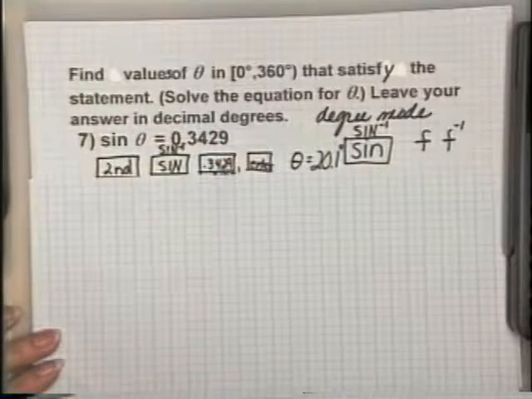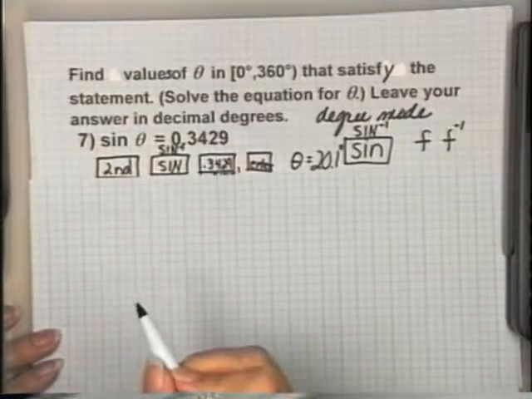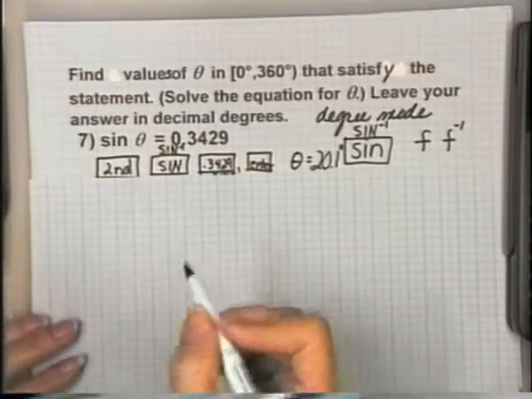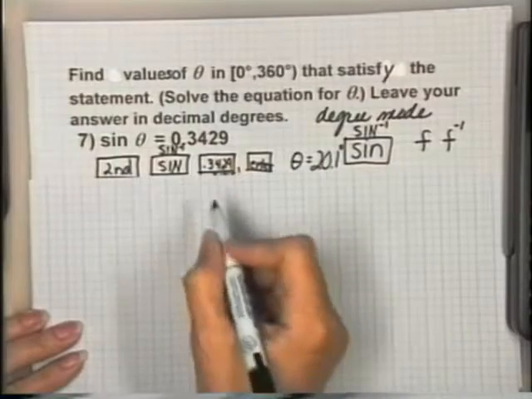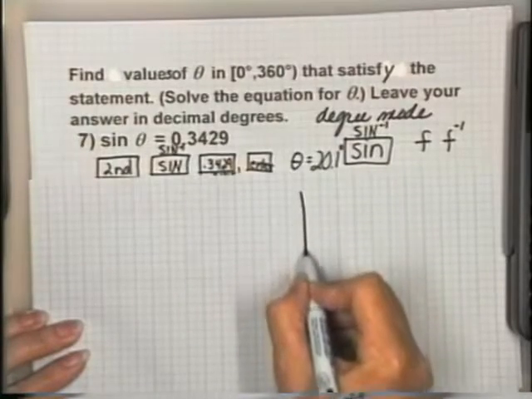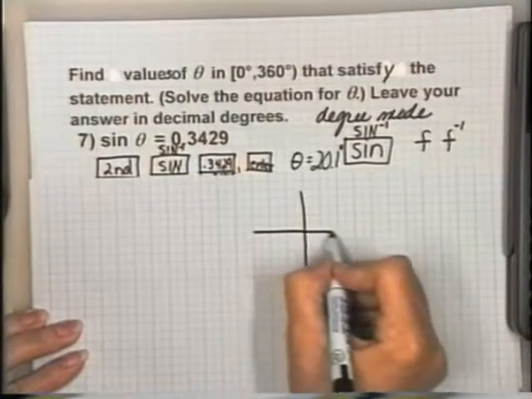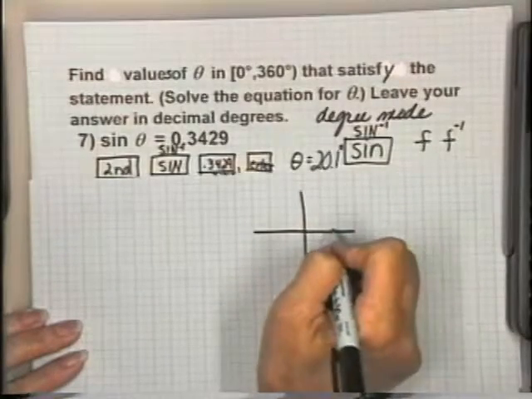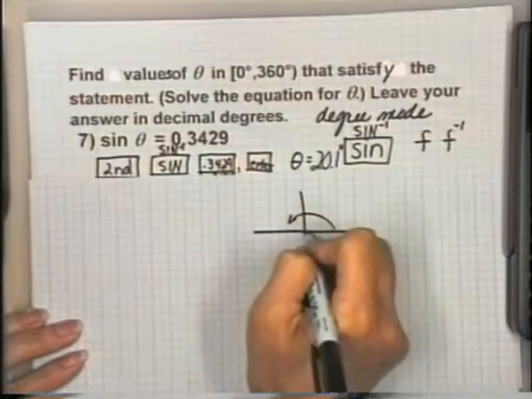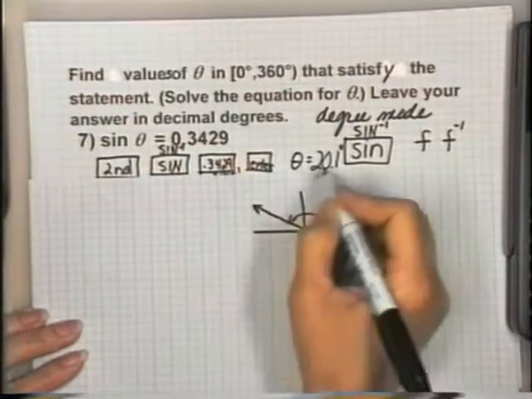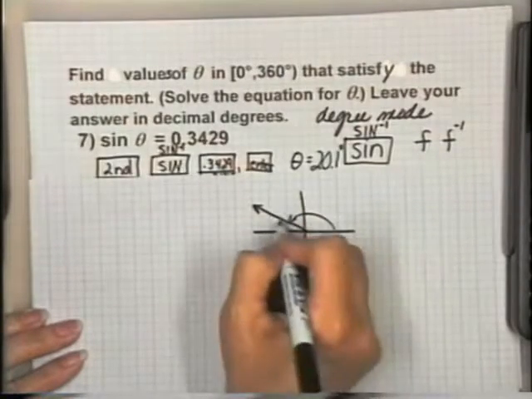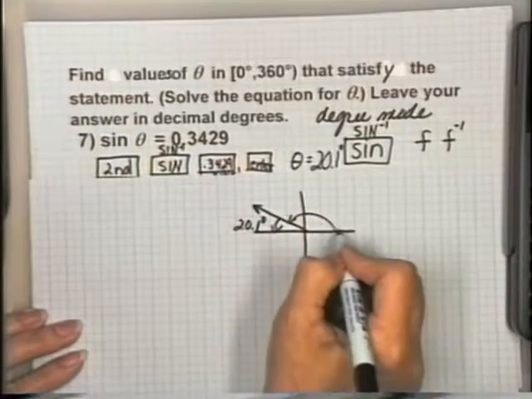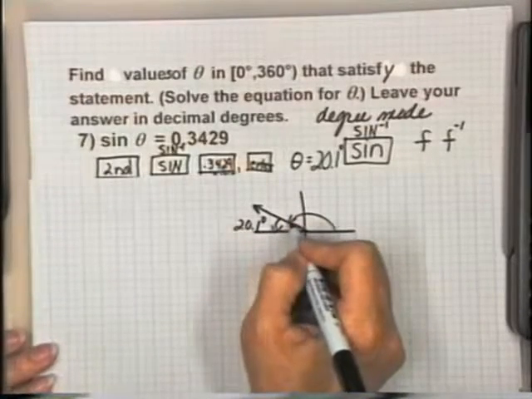So we'll be looking for the second quadrant angle that has a sine that's equal to 0.3429. Now let's think about this. What the 20.1 represents is the reference angle for the second quadrant angle.